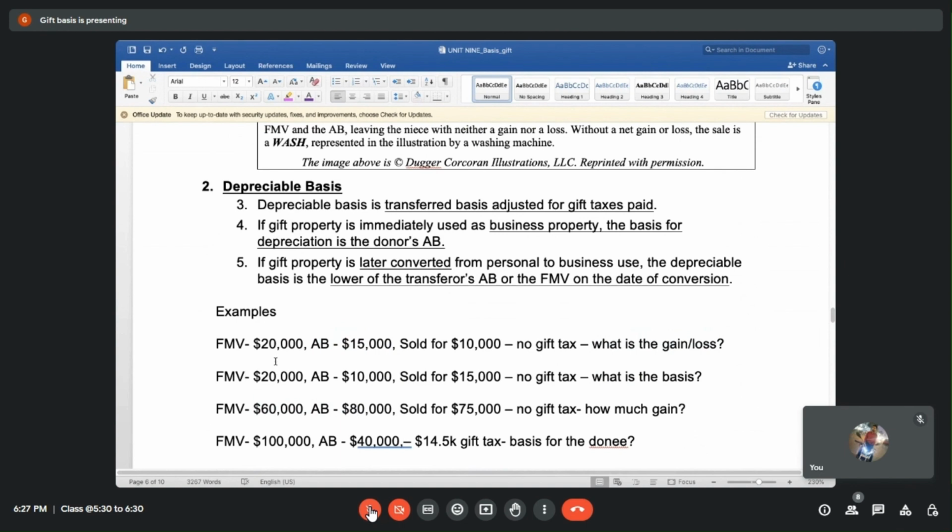Here FMV is $20,000, adjusted basis is 10,000, and it has been sold for 15,000. Again, no gift tax. We first calculate what the basis is going to be, and once we have the basis, we need to know the gain or loss.